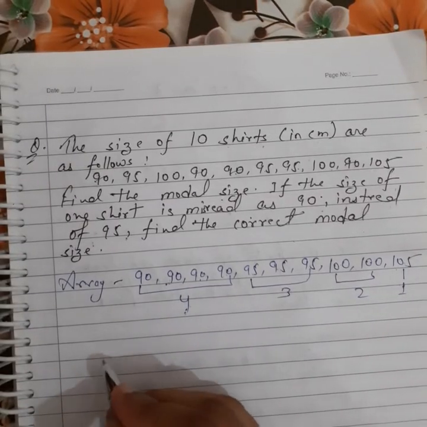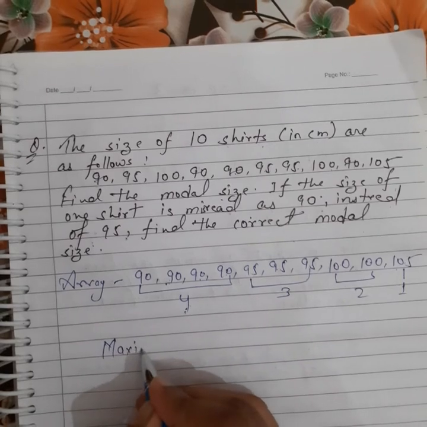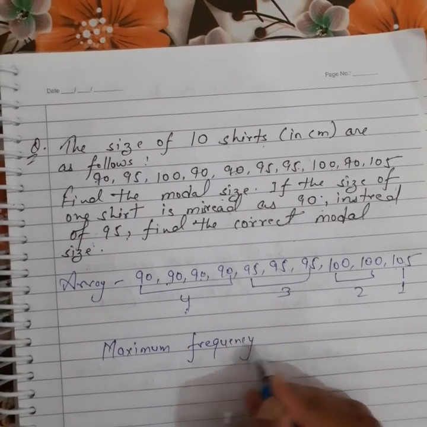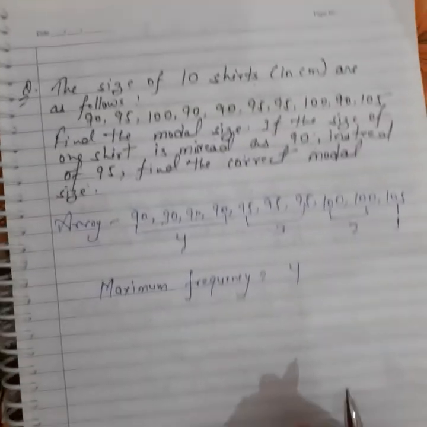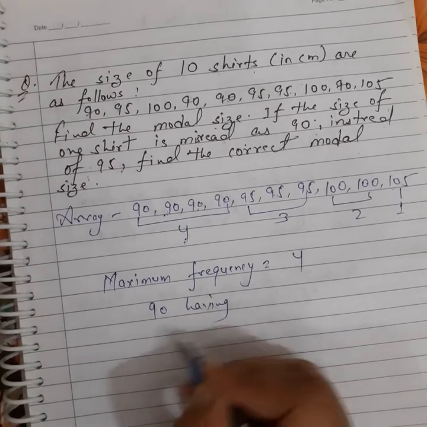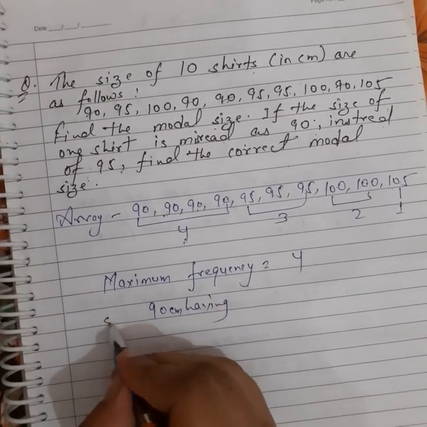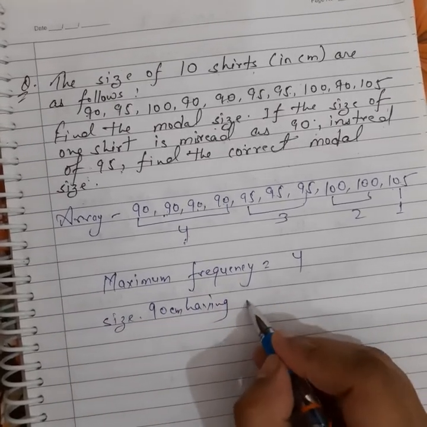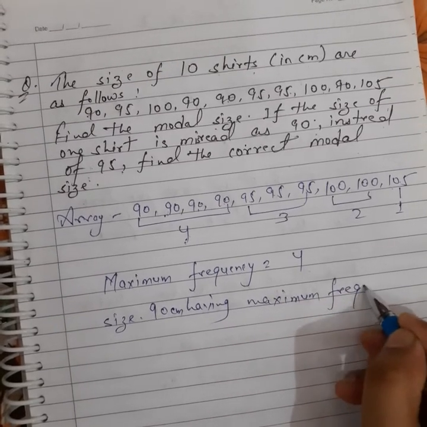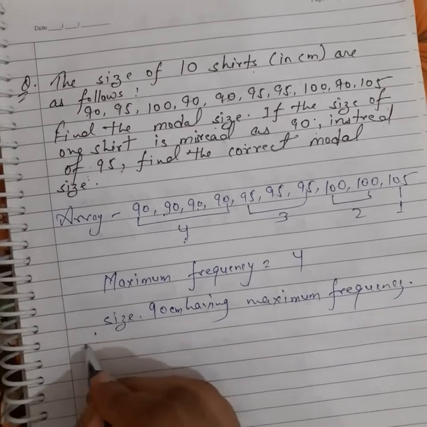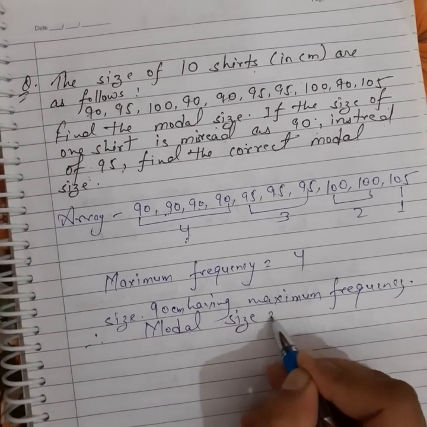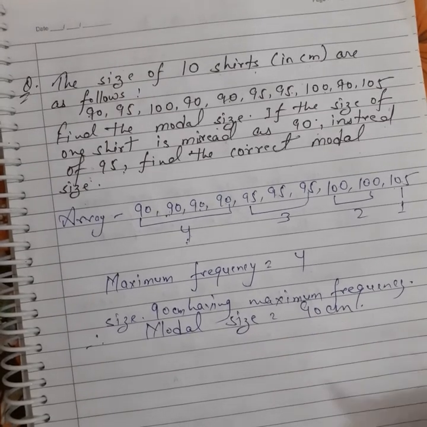So the size 90 centimeter has maximum frequency, therefore modal size is equal to 90 centimeter.